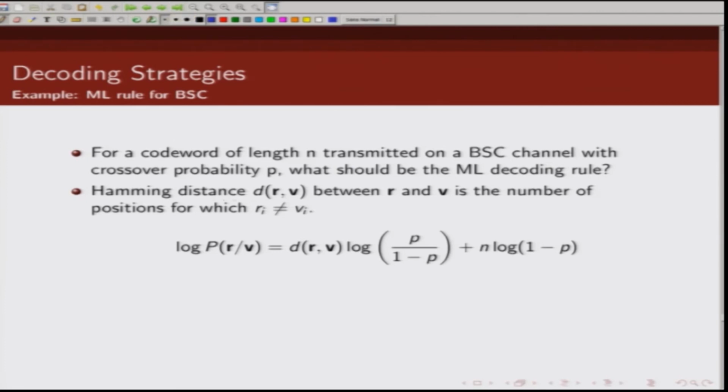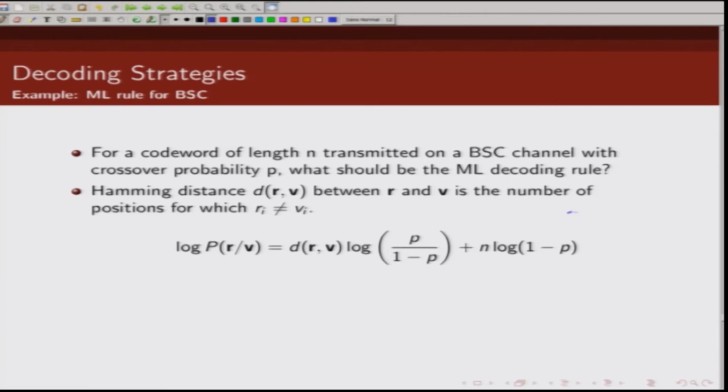The Hamming distance between two code words, or two n-tuples R and V, both n-bit vectors, is defined as the number of positions in which R and V differ.